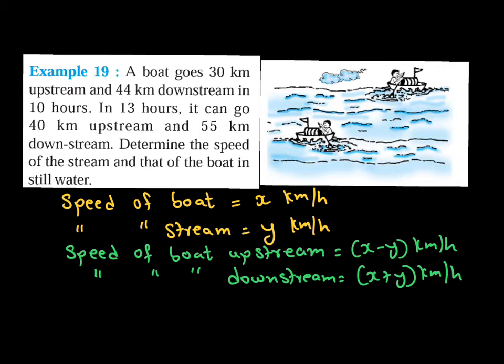So the speed of the boat upstream against the river will be x minus y kilometers per hour, and the speed of the boat downstream in the direction of the flow of the river will be x plus y kilometers per hour. And we know that time is distance over speed.